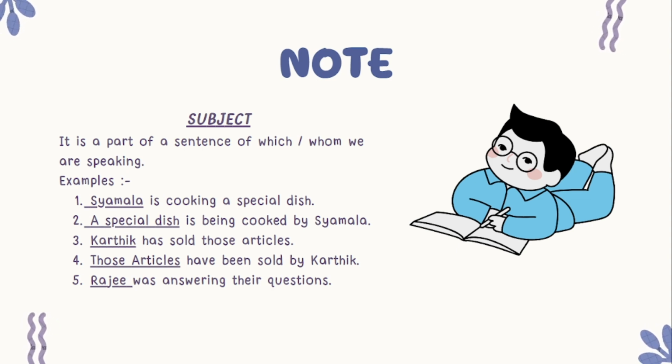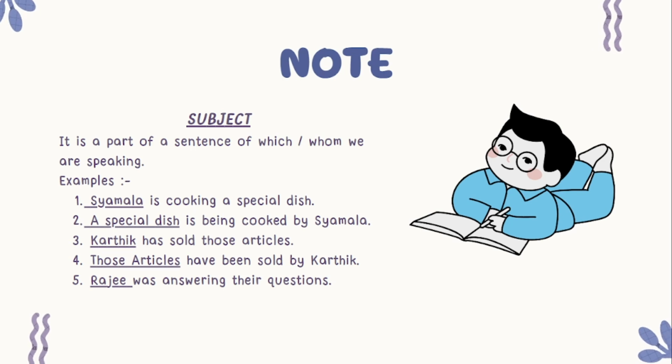Those articles is not a subject in this sentence because, first one, those articles is a part of a sentence. I agree with you. Second one, we are talking of those articles also. Very good. It is also one of the important points. Third one, but those articles is not given priority.